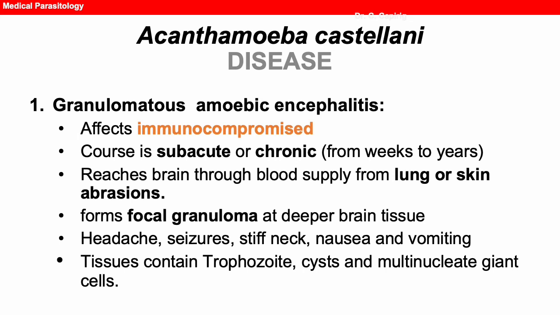When you say granuloma, this is a mass containing a lot of granulomatous tissue consisting of cells such as lymphocytes, monocytes, macrophages, and the parasite itself. They usually present with headache, seizures, stiff neck, nausea, and vomiting. The tissues contain trophozoites, cysts, and multinucleate giant cells, which are the activated form of the macrophages.